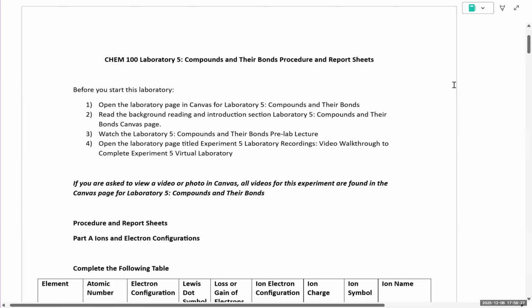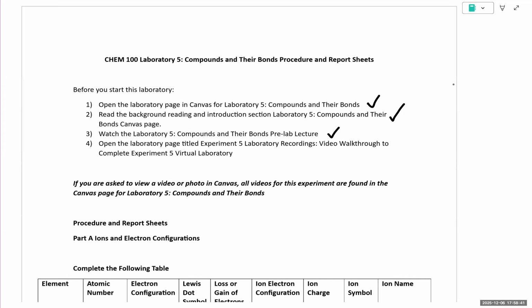Okay, so first and foremost, in the procedure and report sheet pages, we have a little pre-lab checklist. So we need to open up the laboratory page in Canvas. You're going to want to read the background reading in the lab Canvas page. You're going to want to watch the pre-lab lecture.